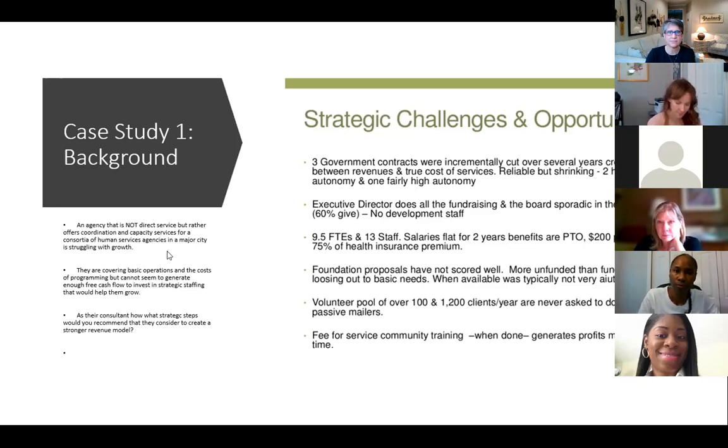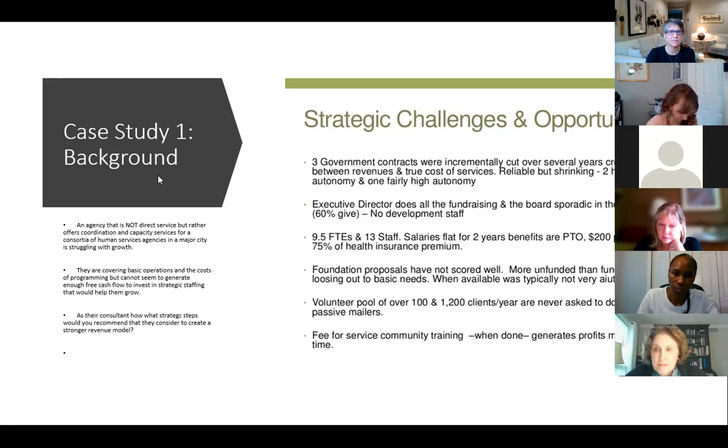That's something that was sticking out to me, especially when it came to the foundation proposals are not scored well. Maybe there's a problem with communicating what they actually do. There could be a messaging issue there. Right. So I think streamlining messaging could be something to take a look at.